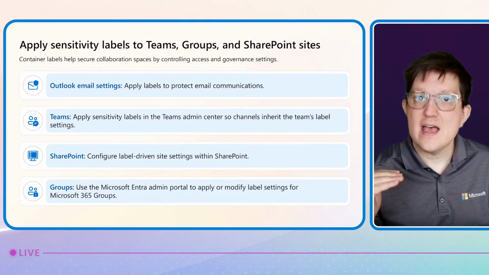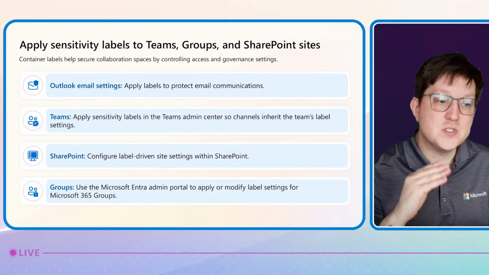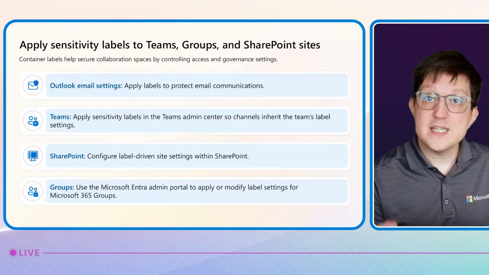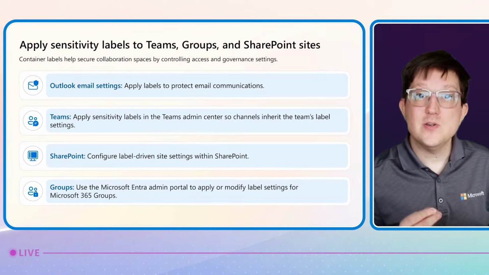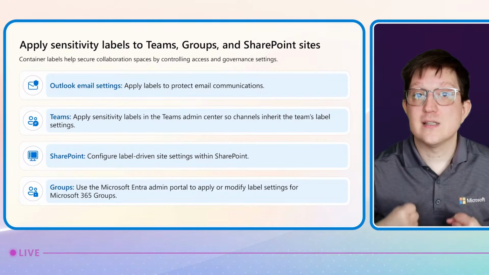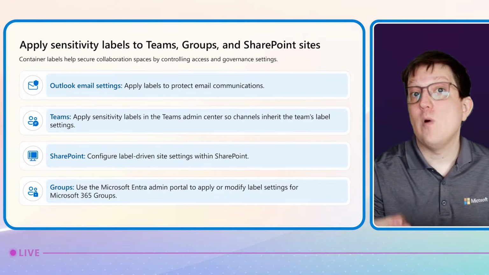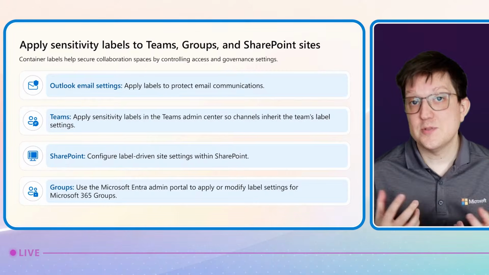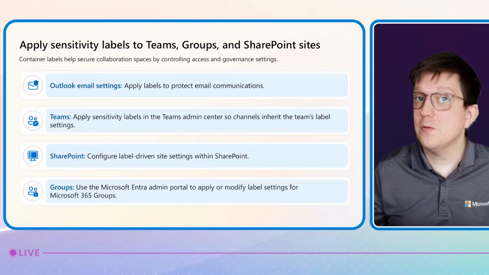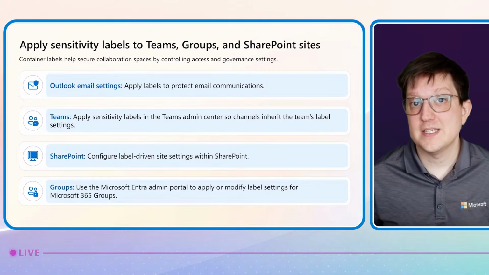Outlook email settings have a separate portal for applying compared to Teams, SharePoint, and your Entra ID components. For the exam, just remember where you need to apply these pieces. If you are working in Purview, you design these labels, but they set the scopes and where they apply based on their subject matter expertise of how it works in their environment. This is a really important piece to remember for the context of the exam there.